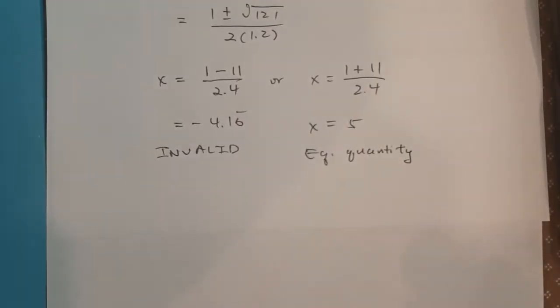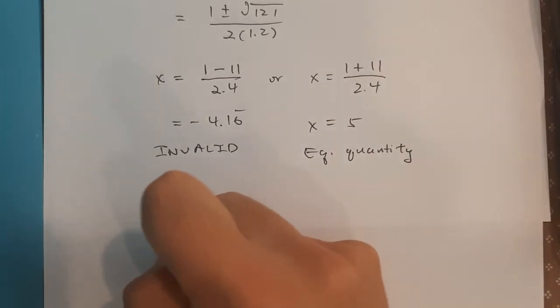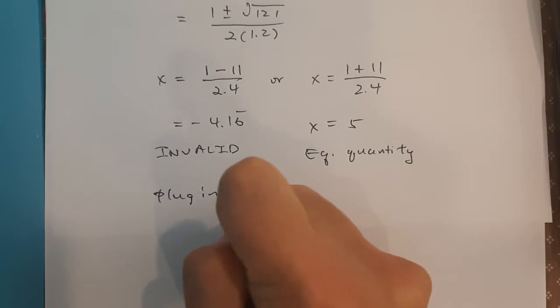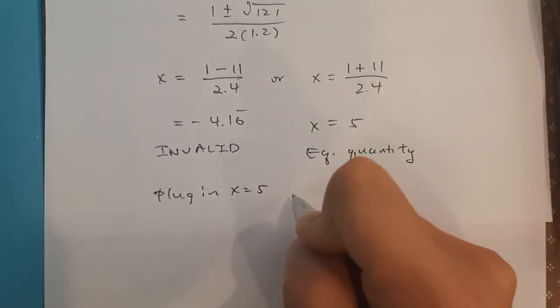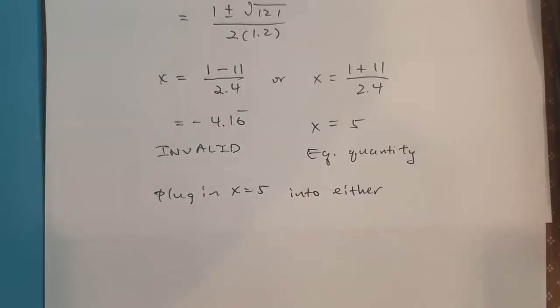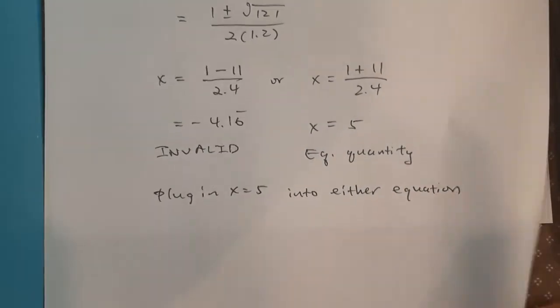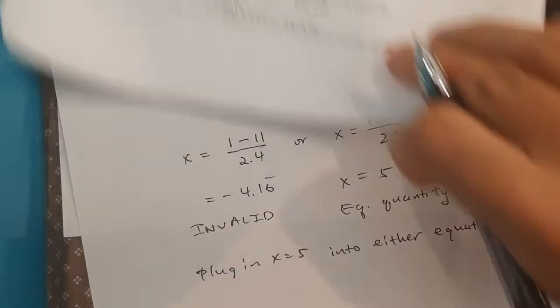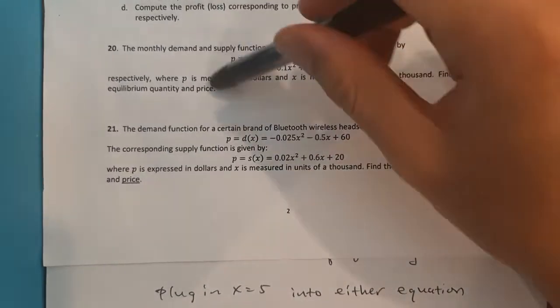How can we find the equilibrium price? So now we're going to plug in x equals 5. And which equation can we plug it into? Well, we can plug it into either equation, and you'll get the same answer. So coming back to the question, here we have the two equations over here.